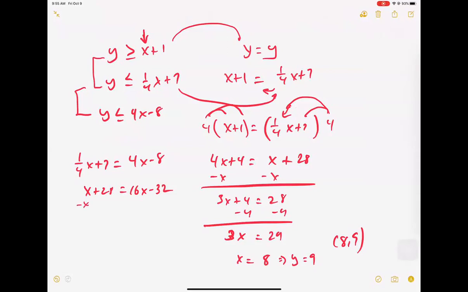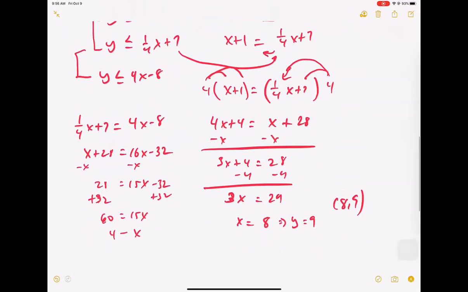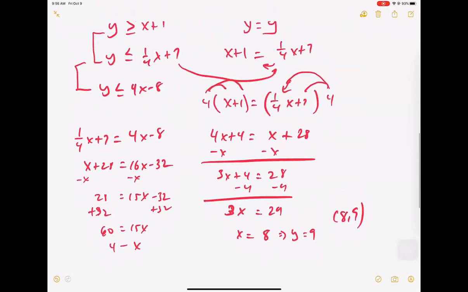It's going to give us 15x equals 28 plus 32. 15x is equal to 60. That means x is 4. If x is 4, we can plug into any of these equations. I'll plug it here. 4 times 4 is 16 minus 8. That means y is 8.